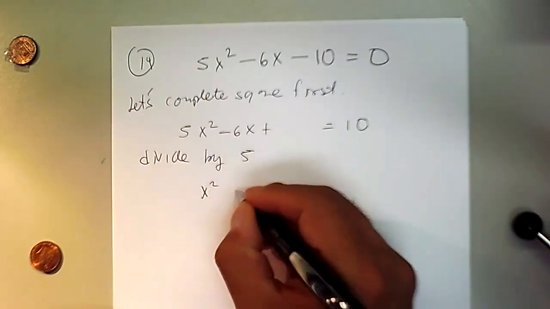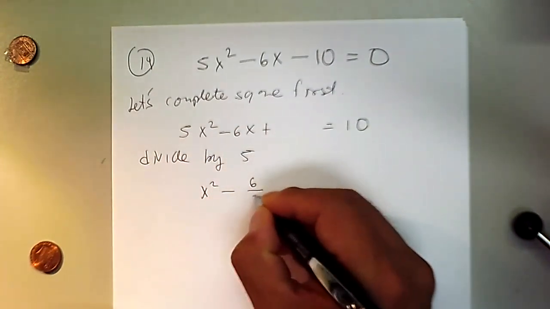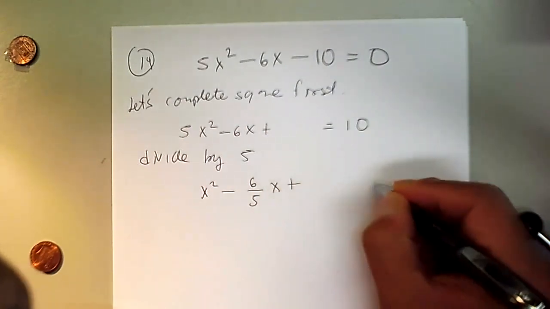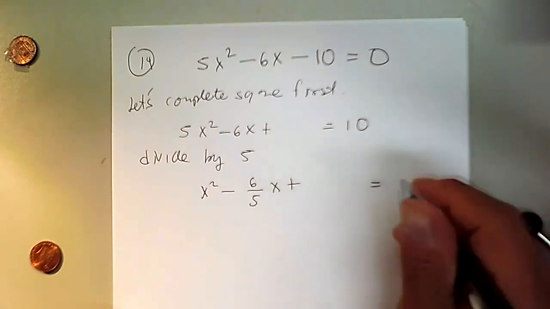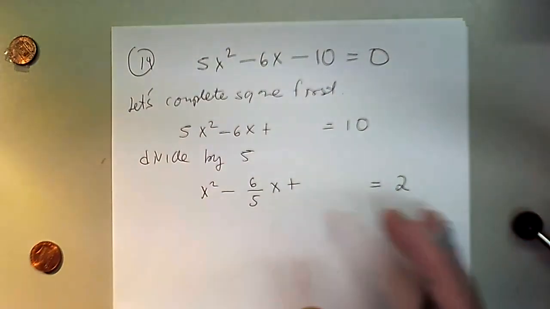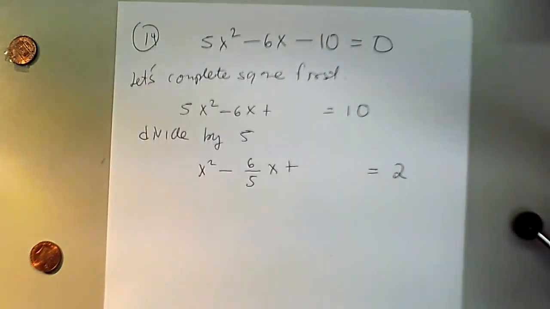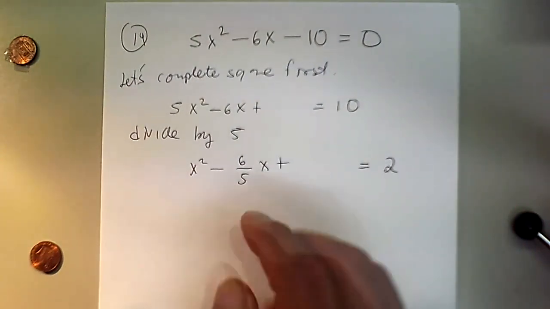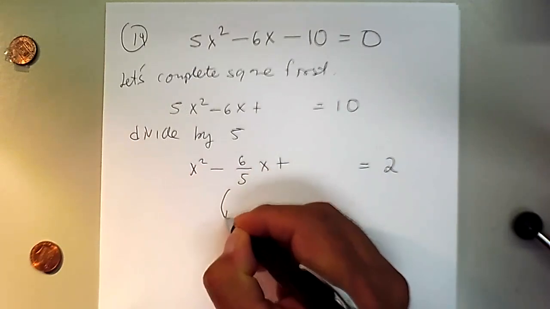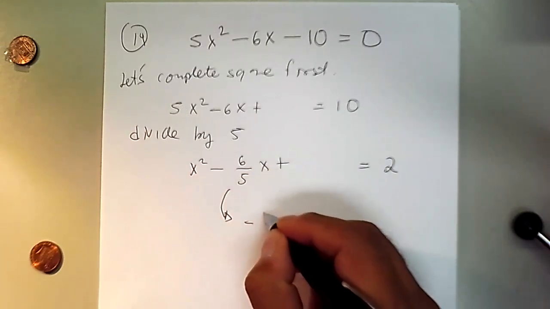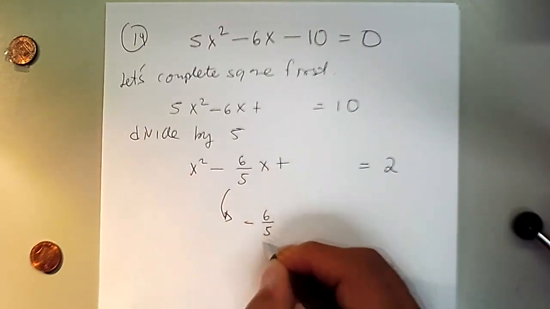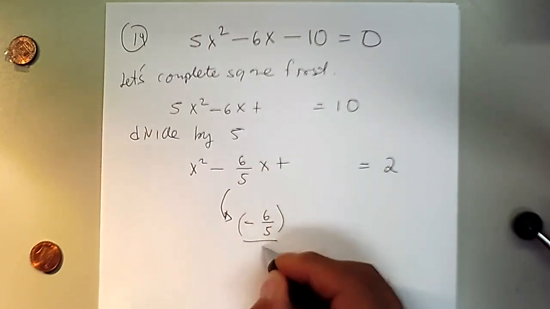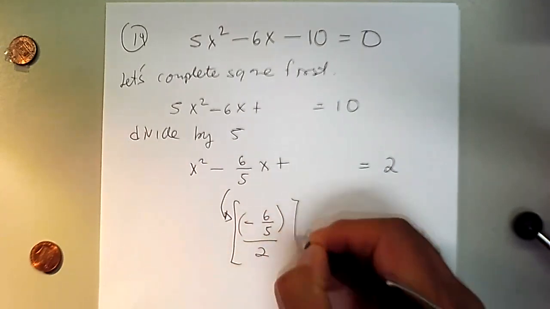So we have x squared minus 6 over 5 x plus blank equals 2. Whoa, okay. So that added another complication. Now we have a fraction, but that is not too much of a problem. Negative 6 over 5, which we're going to divide by 2, and then after that, we're going to square.